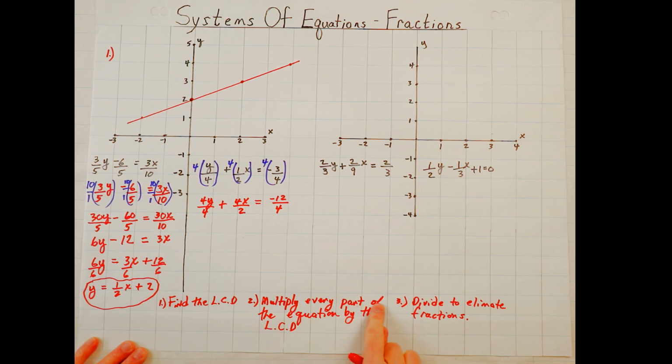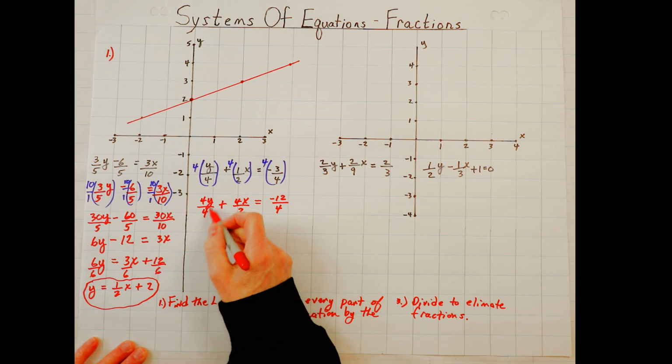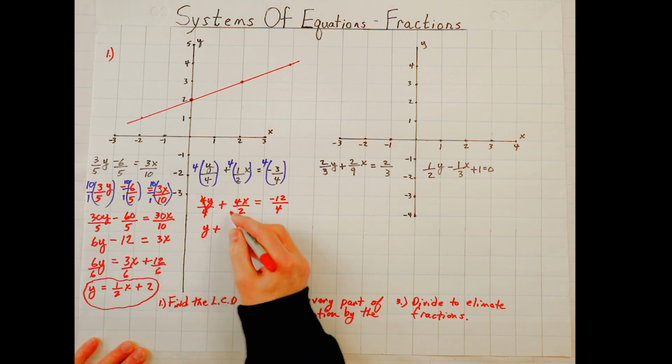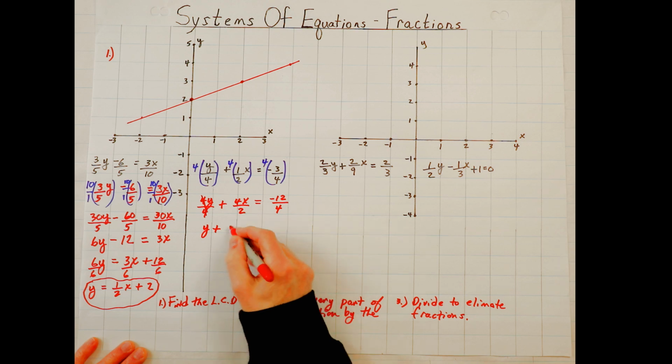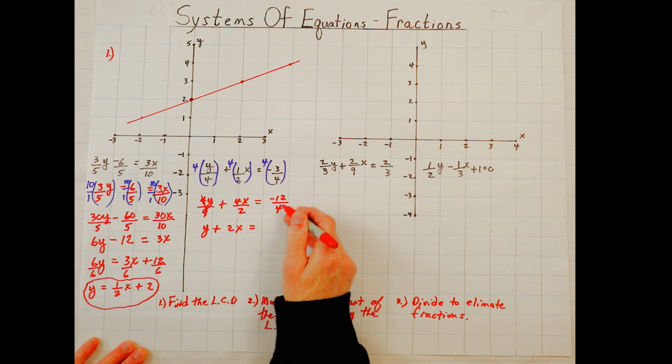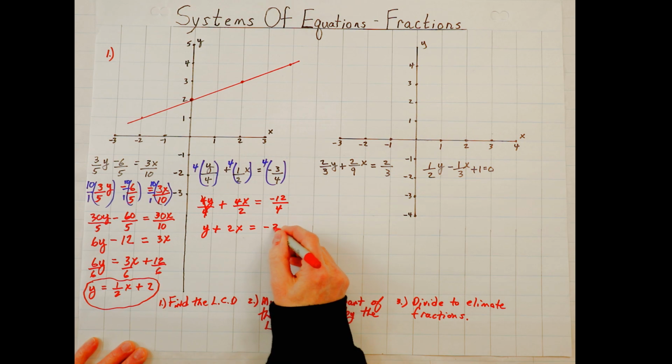So that's step 2. Multiply every part of the equation by the LCD. Step 3, divide to eliminate fractions. Okay, so if we divide here, 4 divided by 4 is 1y, or just y. 4x divided by 2 is 2x. And negative 12 divided by 4 is negative 3.